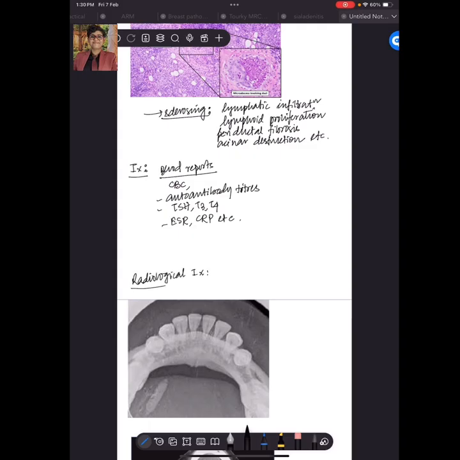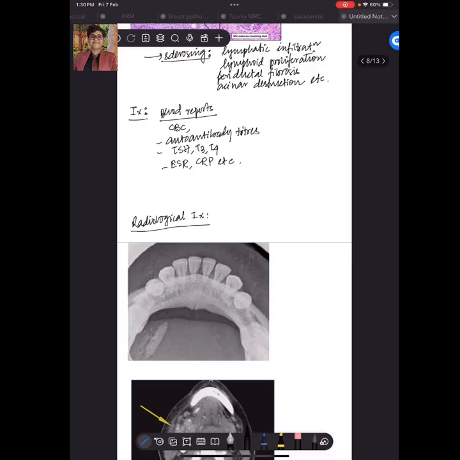Radiological investigations will include X-ray. Here we can see the stone. This type of X-ray is known as dental occlusion films.